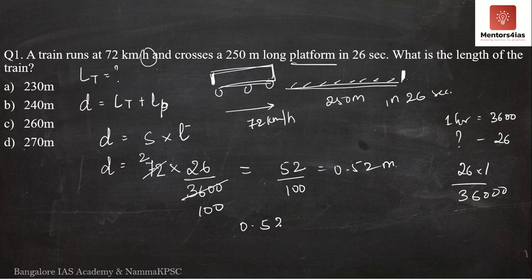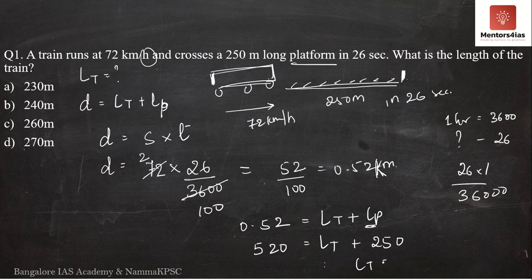Therefore, 0.52 kilometers is equal to length of the train plus length of the platform, where length of the platform is 250 meters. Now I'm going to write it in terms of meters. So we have 520 meters is equal to length of the train plus length of the platform. Length of the platform is nothing but 250 meters.